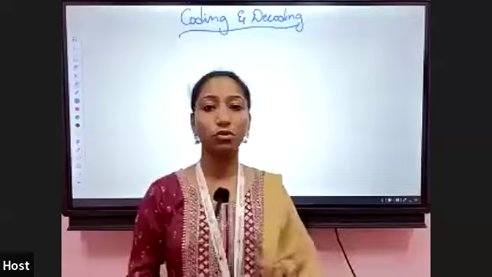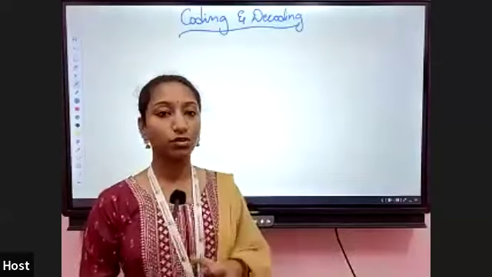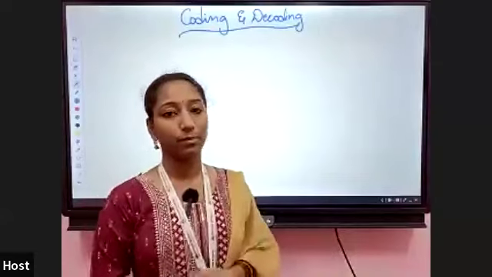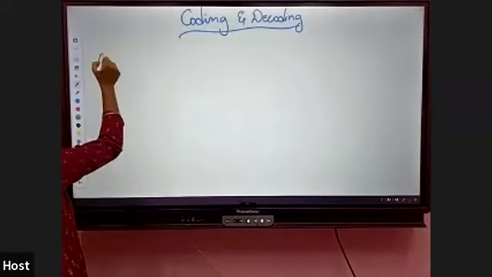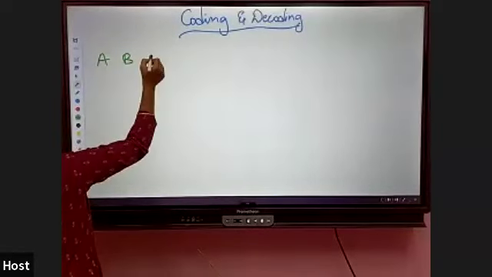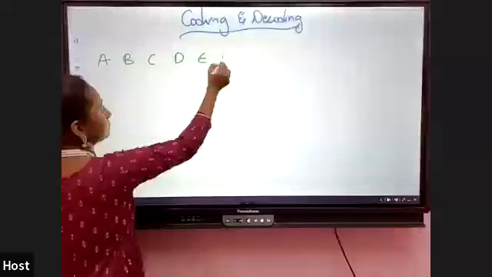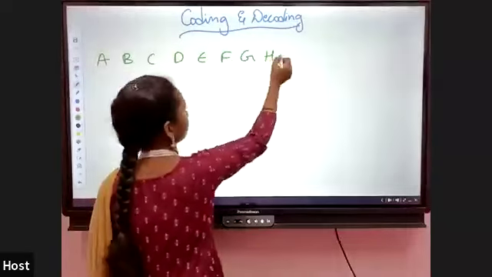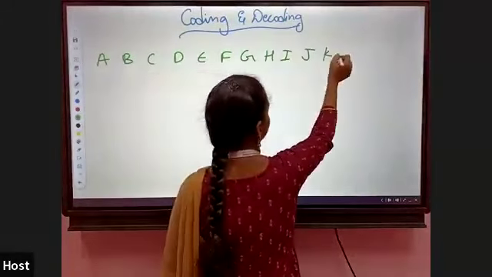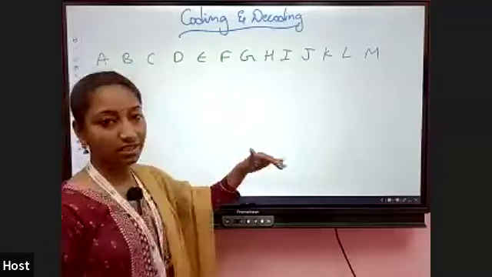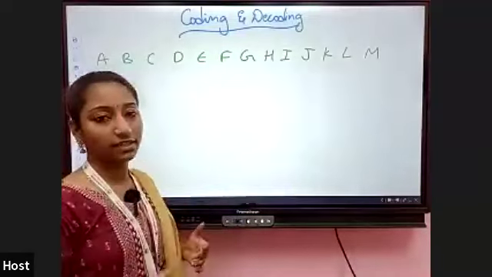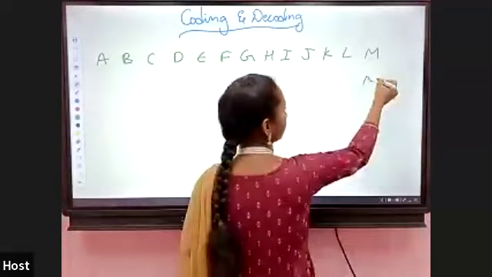So before going to the coding and decoding class, you should know how to write the letters and their numbers. All know the alphabets, but in coding and decoding, we will write like this. Up to A to M, we should write in the first line, and next, letter N, we should start from here.